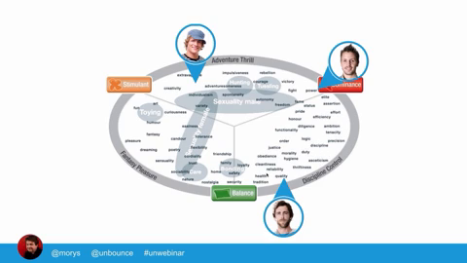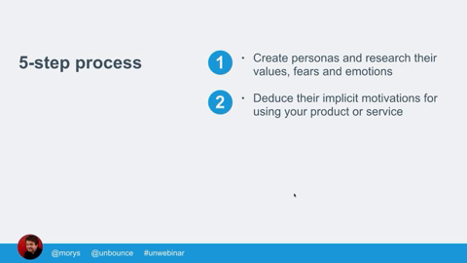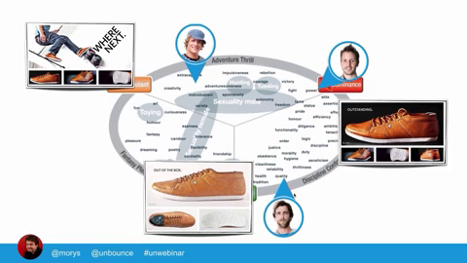He's located somewhere here. So why do we use this model? Because it helps us to shape a landing page and to focus it on exactly this kind of emotion. So what we do is we deduce the implicit motivations of the people, and then we create landing pages that fit these motivations.